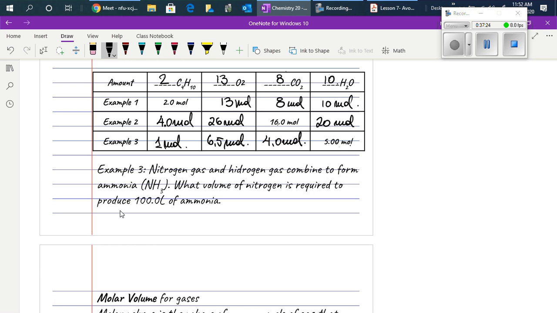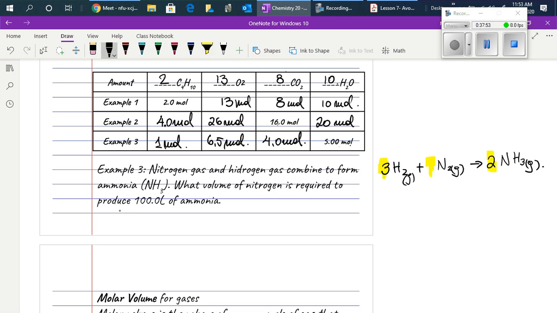The balanced reaction will be 3 hydrogen gas plus 1 nitrogen will produce 2 ammonia, NH3 gas. So the ratios are 3 to 1, even though we don't write it, to 2.